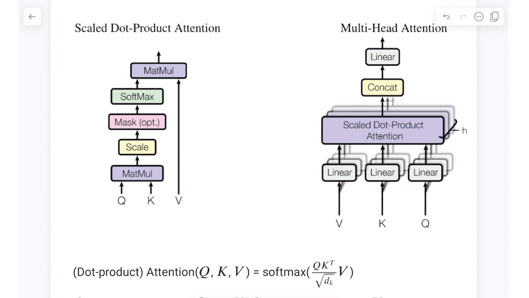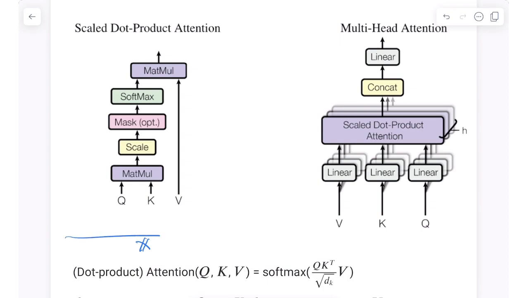Let's take a look at this one. If we have the input x, we have several different words, right?